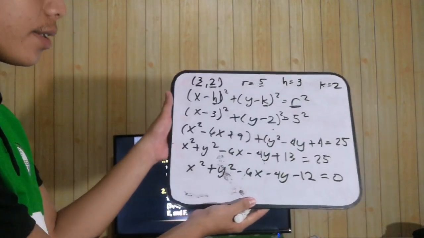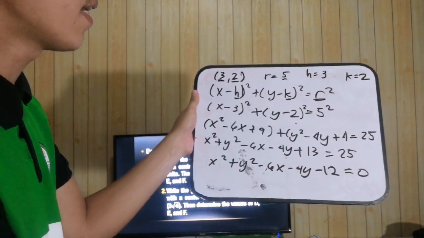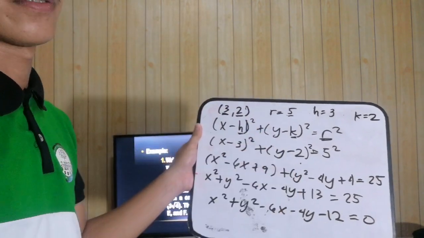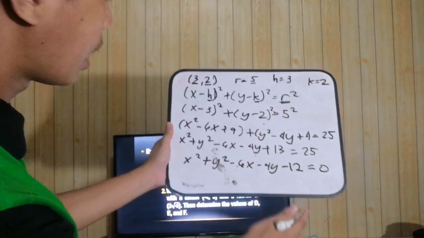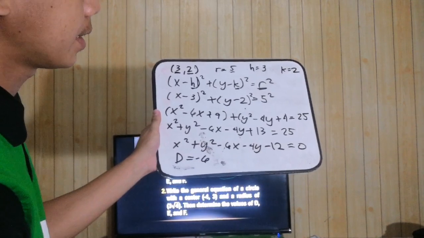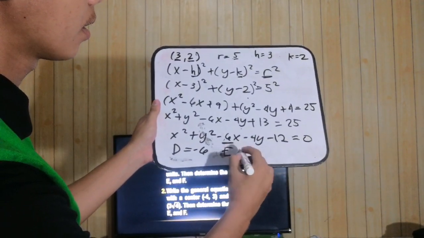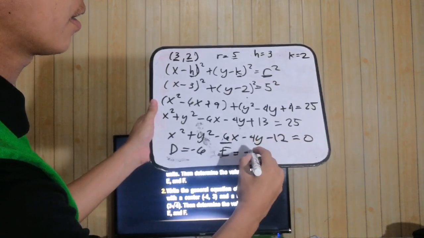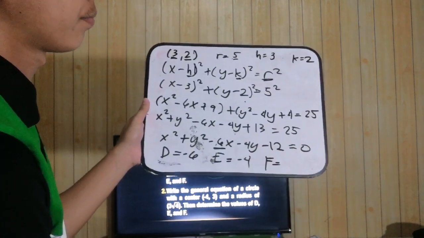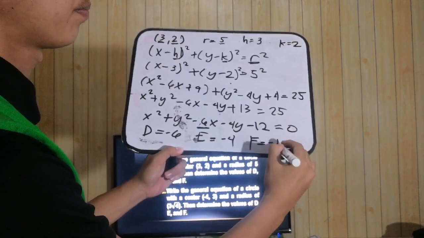Tama na, di ba? So, what are the values of our D, E, and F? So, our value for D is negative 6, since ito siya. Now, our value for E is negative 4. How about our F? Negative 12.